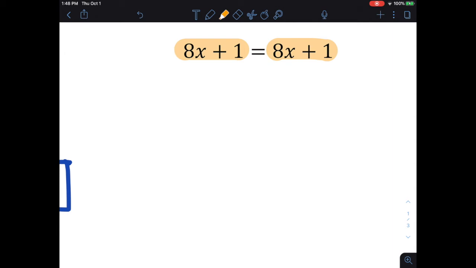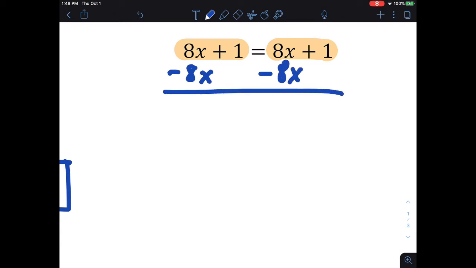But if they're exactly the same on one side or the other, we're going to see something happen here when we solve this. When we solve, we're going to subtract 8x. When we subtract, they cancel, so we have 1 is equal to 1.